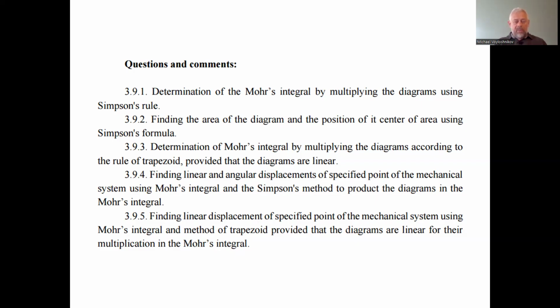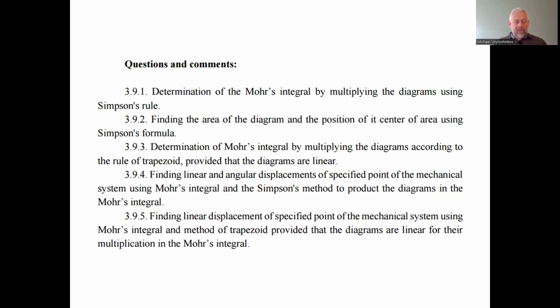So if the parabolicity of the diagrams of the bending moment is of the second power, the Simpson rule gives us the exact decision. And if the power is more than 2, the Simpson rule gives us an approximate decision of the displacement under the action of the external load on the mechanical system.